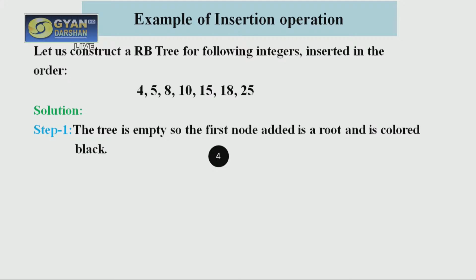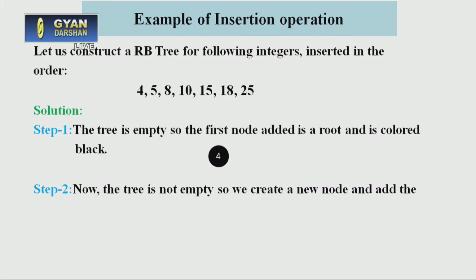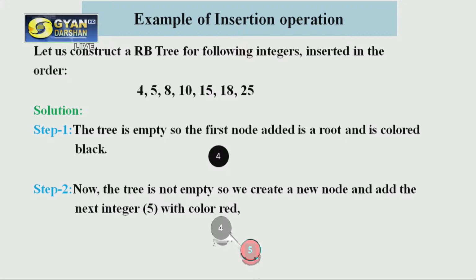That's okay. Then in step 2, we add the next node, which is 5. Because 5 is greater than 4, it will be the right child of 4 and its color will be red.